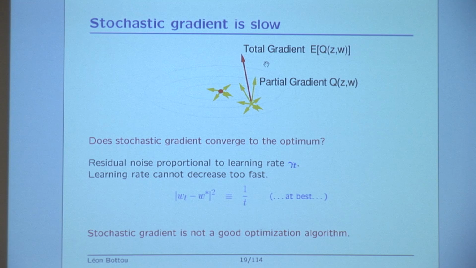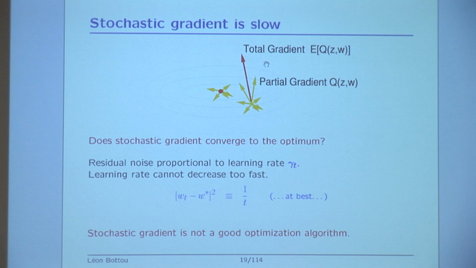Because if I increase the learning rate, I have my ball here, and I'm moving in a random fashion, depending on which example I draw, at a distance that's proportional to the gain. So the only way I can actually go to the optimum is if I reduce the gains.